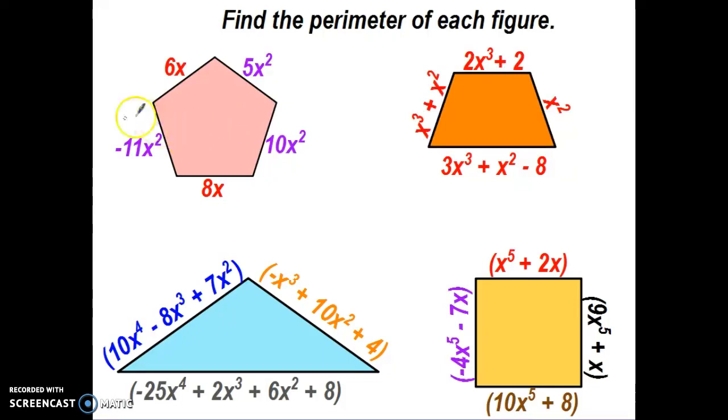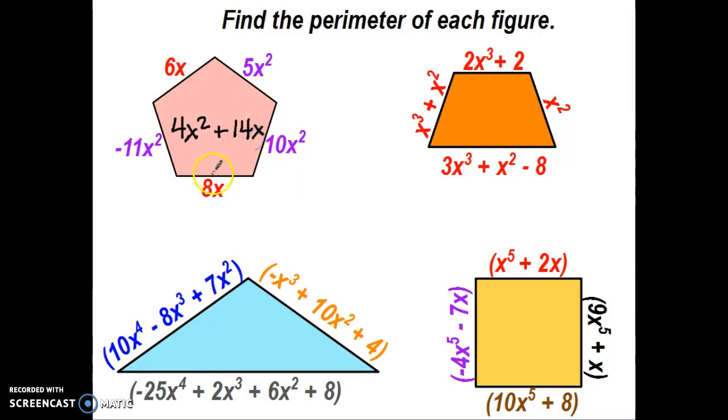All right, so leading term, negative 11x squared plus 10x squared is negative 1x squared. And then negative 1x squared plus 5x squared gives me 4x squared. I know a lot of y'all are loving this mental math stuff. I know this. You don't have to show work. And then 8x plus 6x gives me 14x.